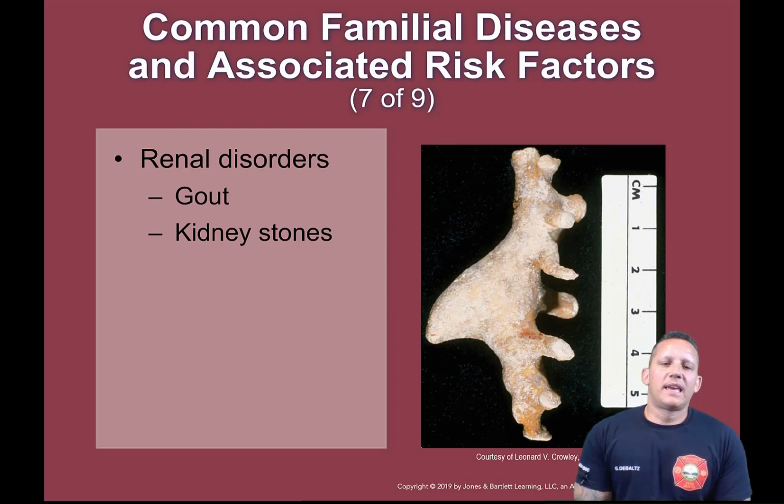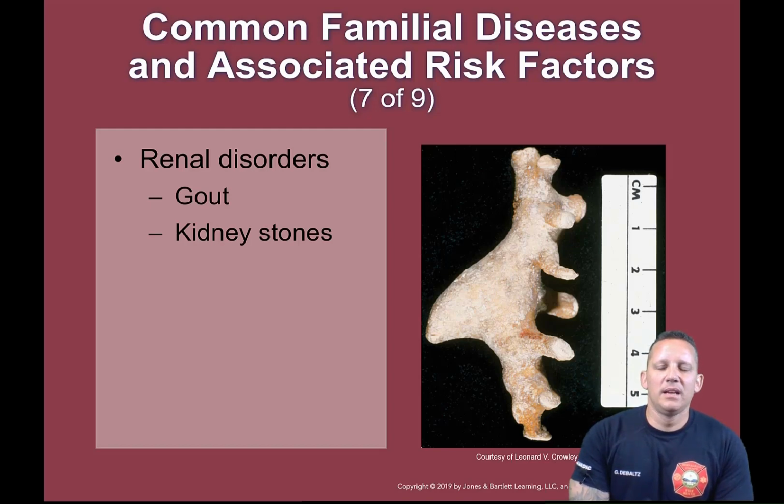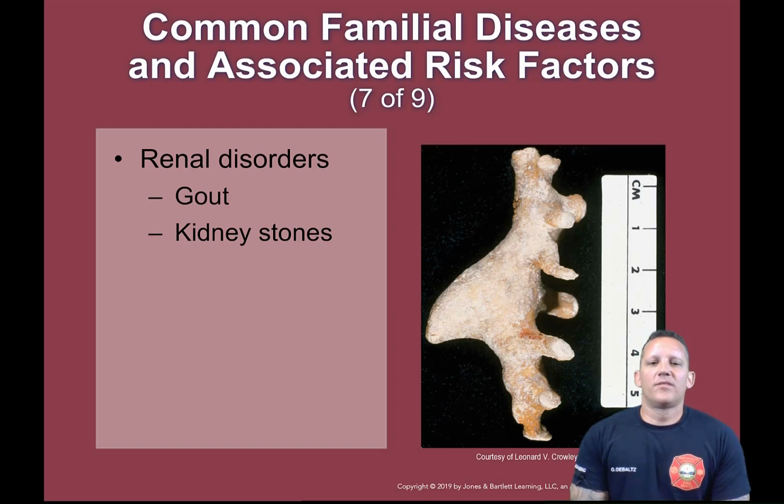Renal disorders: gout and kidney stones, and this is when the body is unable to excrete certain things. Gout predominantly is an acid that accumulates in the feet and creates intense pain. And then kidney stones are several minerals that can accumulate and turn into small rock formations that are very painful if you are able to excrete them through the urinary tract, and may need to be surgically or medically reduced so that you can have them removed.